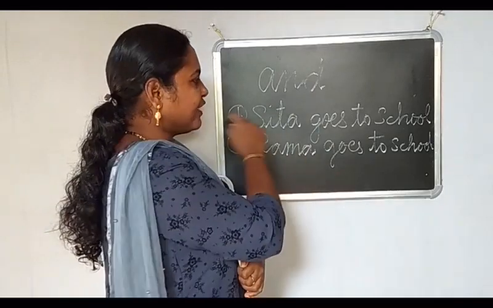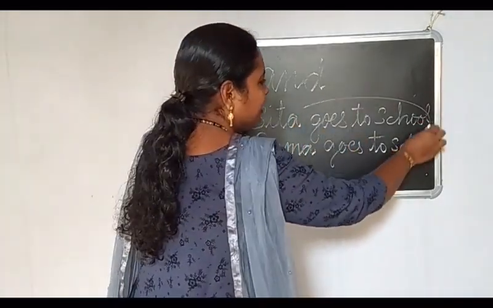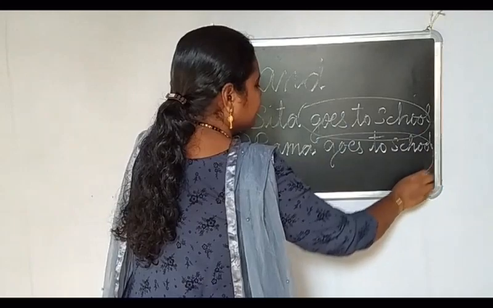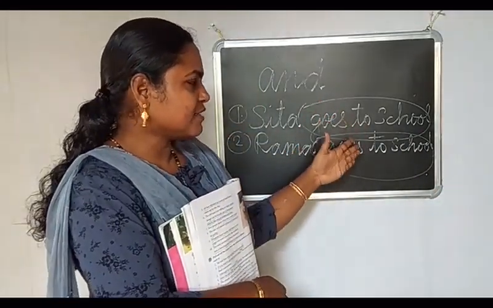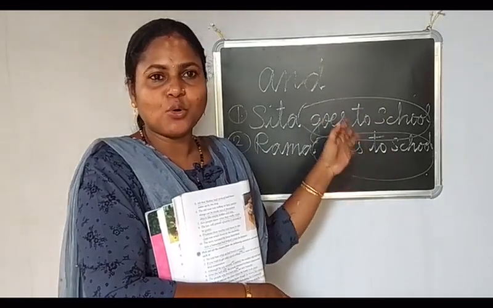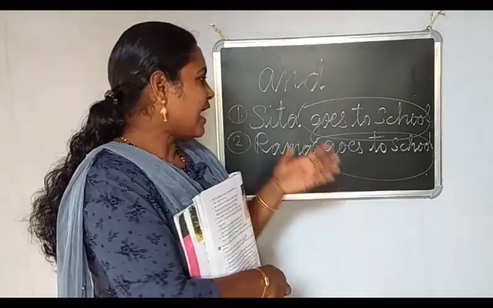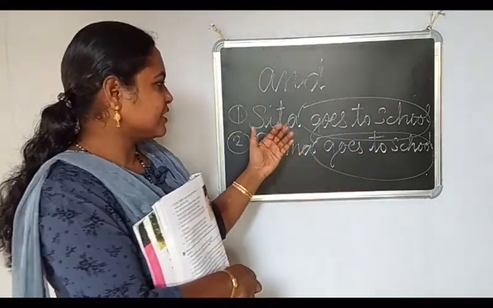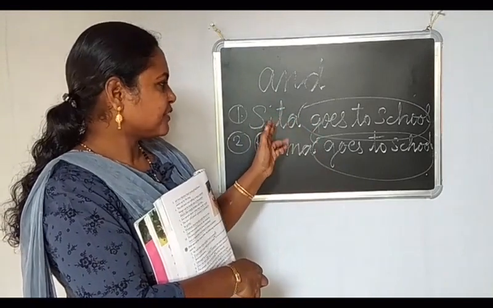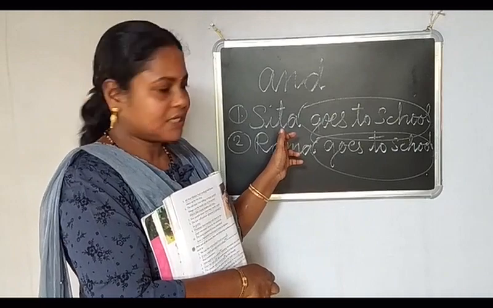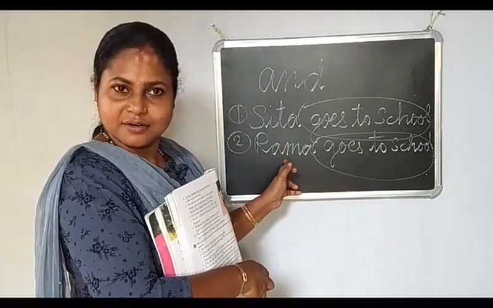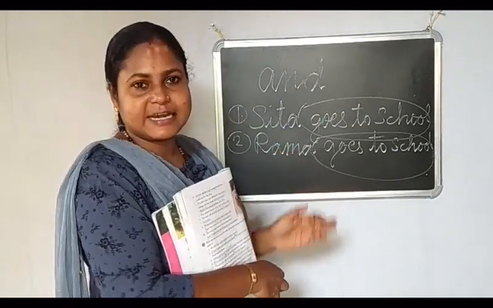First of all, we should find out the common thing here. These two are the common things. These are said to be in common to both sentences. And what stands distinct from each other? This one, Sita, that's a name, subject, and Rama, that's the name in the second sentence.